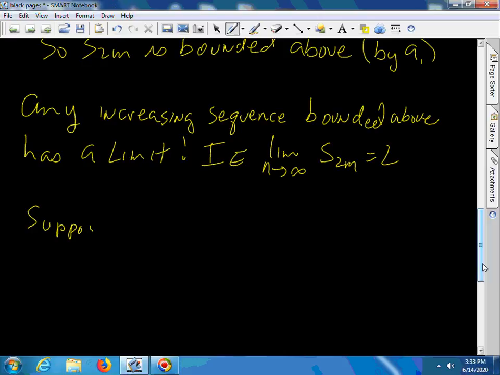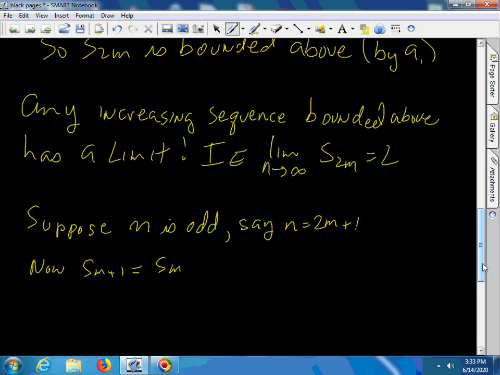Suppose n is odd. Say n is 2m plus 1. Now, S2m plus 1 is S2m plus that last term, plus a sub 2m plus 1.